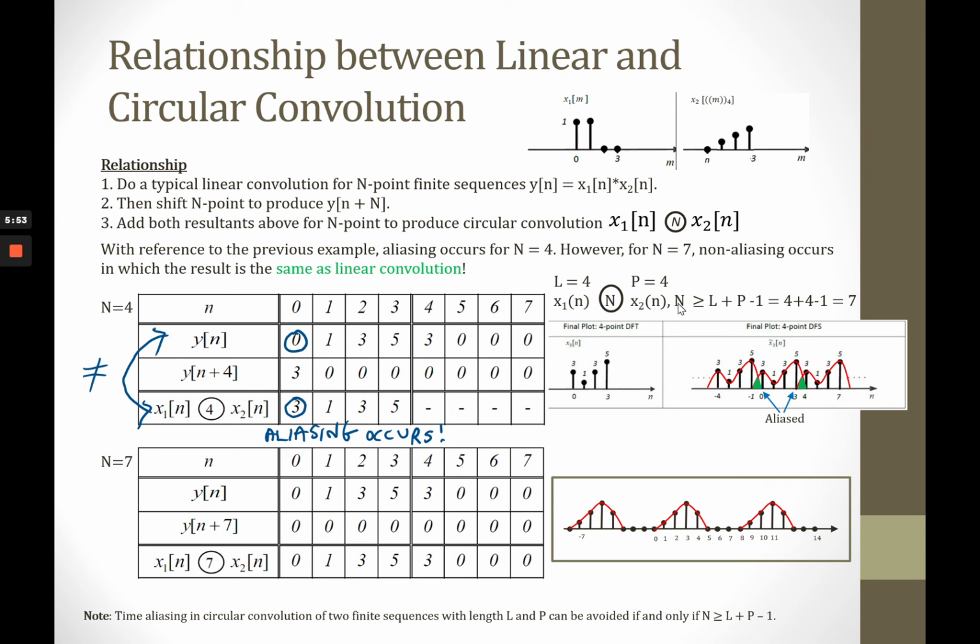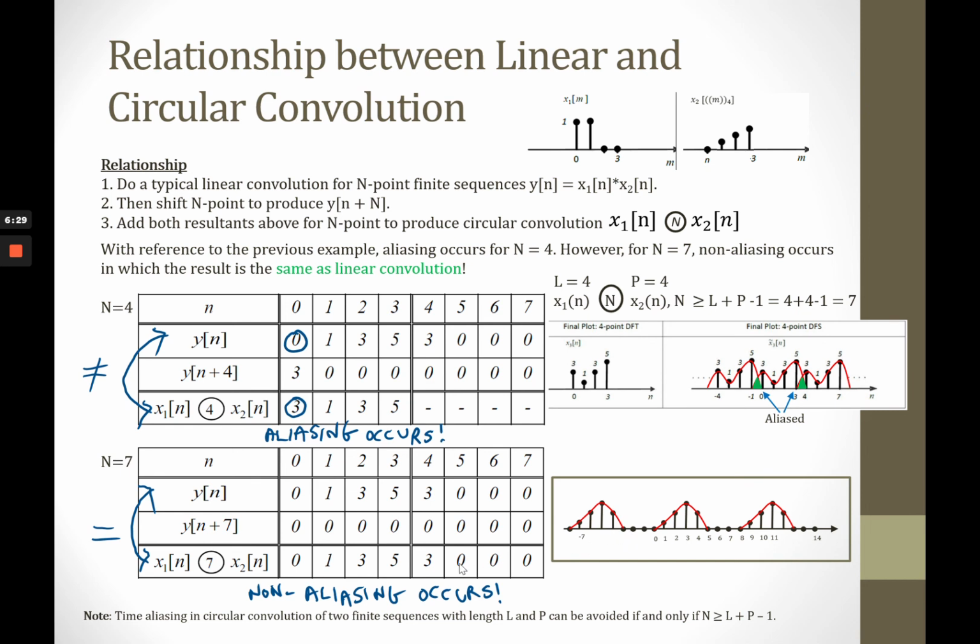But since we choose N equal to 7, so that the time aliasing in circular convolution can be avoided, there's no aliasing since y[n] is equal to the circular convolution between x1 and x2 for N equal to 7. Okay, it has the same results for y[n] and also the circular convolution. It produced the same result, so no aliasing occurs.